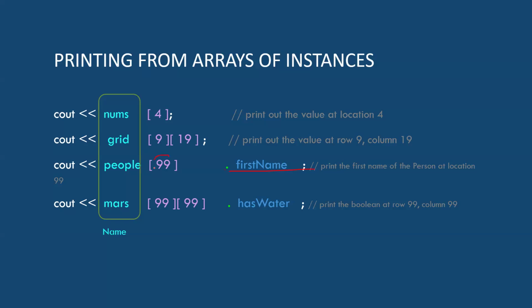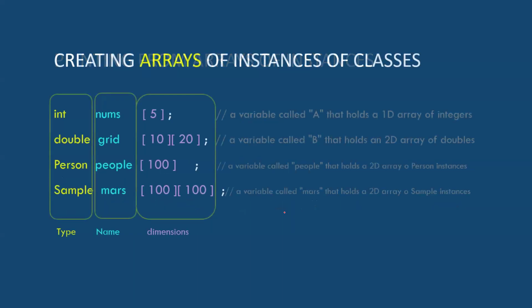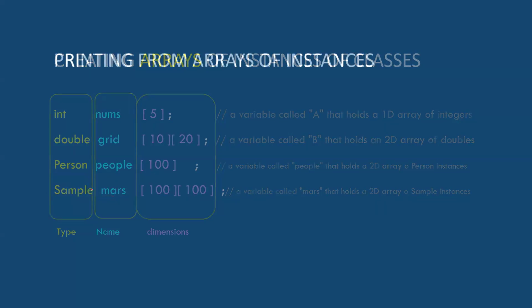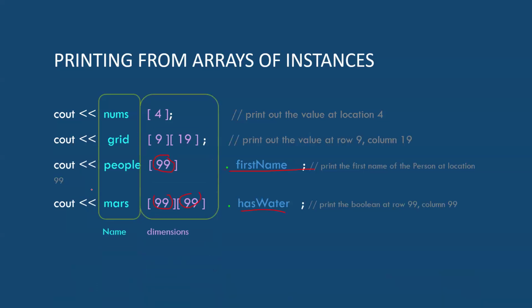This gives us a specific person instance dot first name. This gives a specific sample dot has water. Again, we have to go back to the definition of people and Mars and ask, is there a star? No. Is there a star? No. Therefore, we use the dot. There's our dot for instances, and there's our data member.